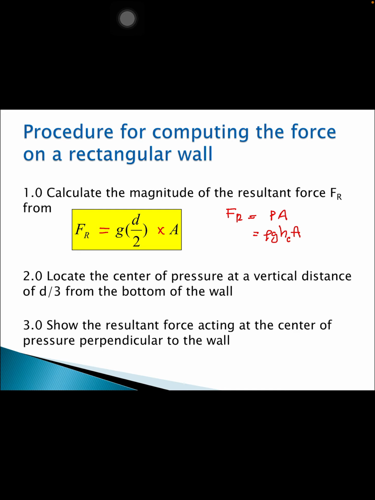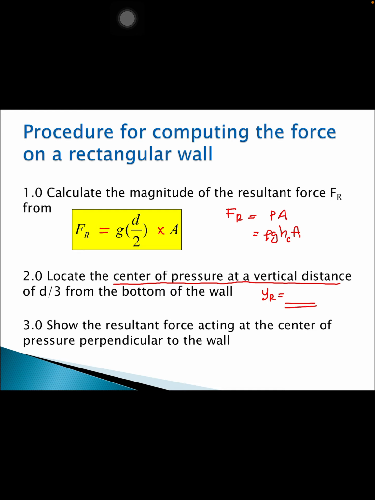I will explain after this. Next, you have to calculate the location of the center of pressure at vertical distance. So normally we calculate your YR, the location of pressure.